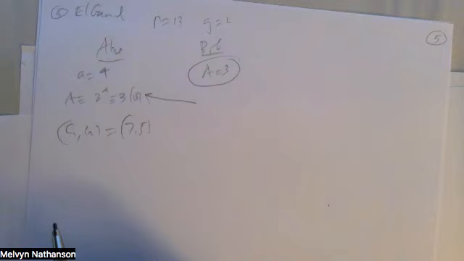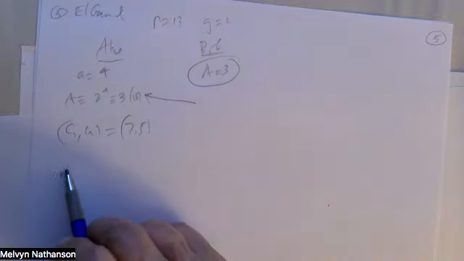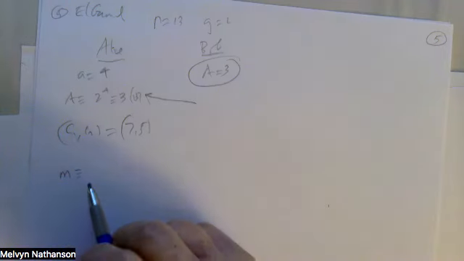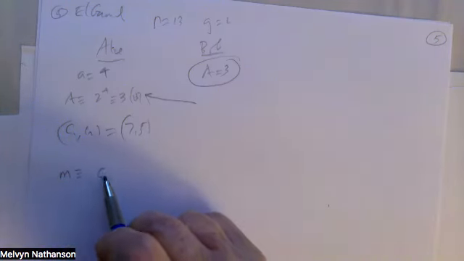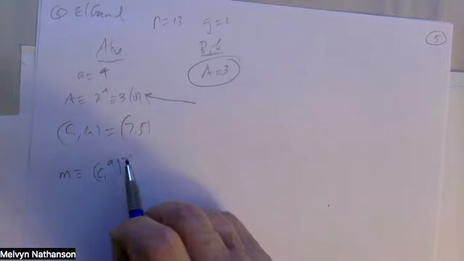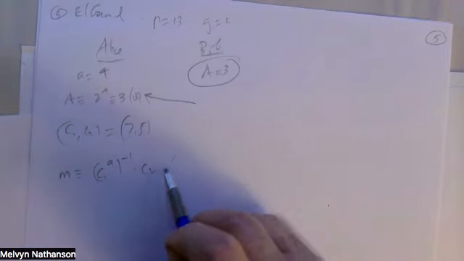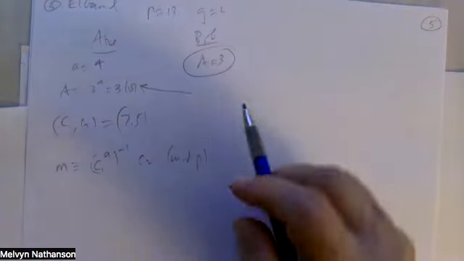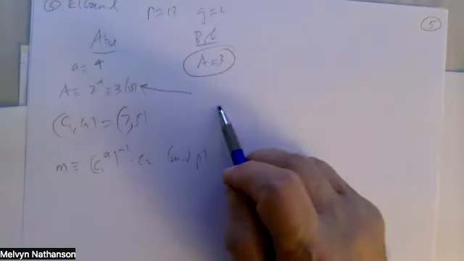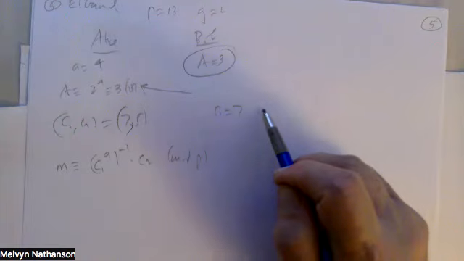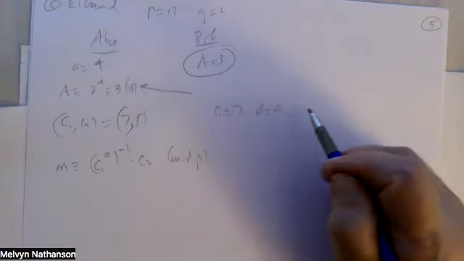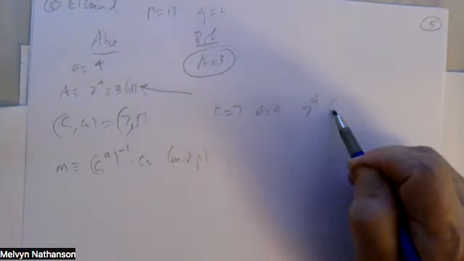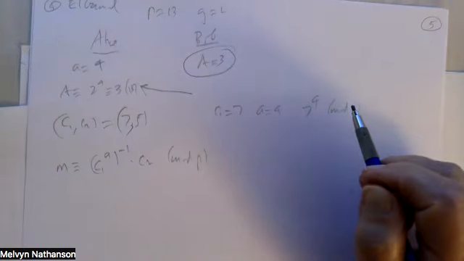So we have to compute first of all. M is going to be C1 to the power A inverse times C2 mod P. So what does that mean? C1 is 7. A is 4. So we need 7 to the 4th mod 13.